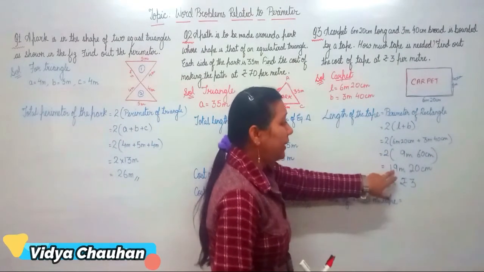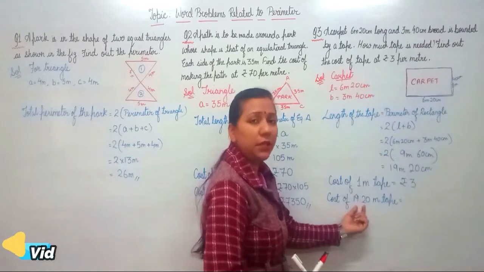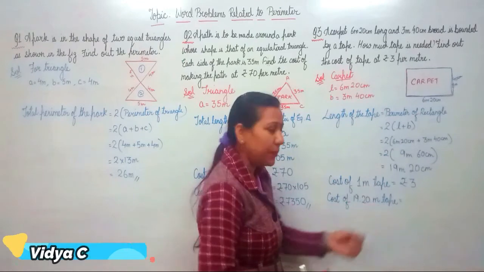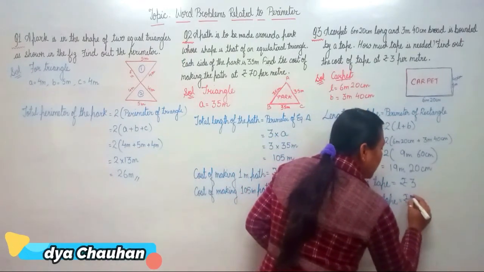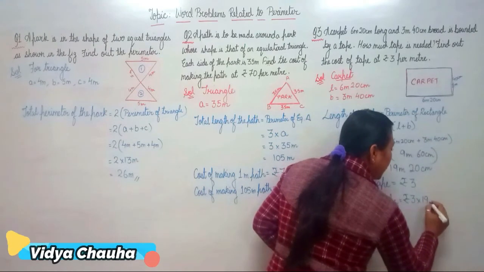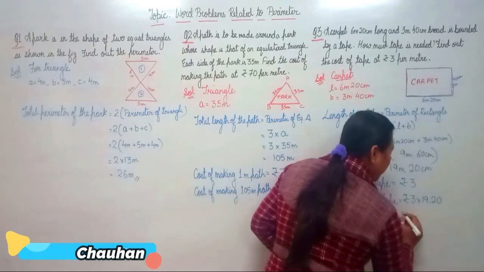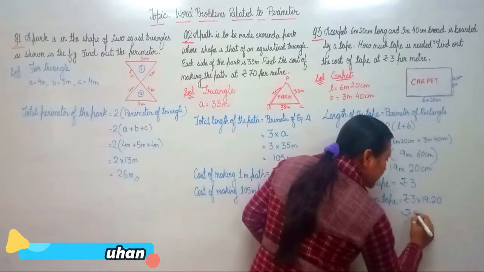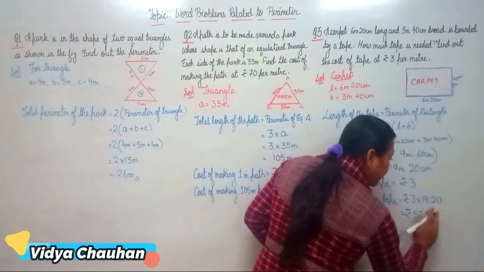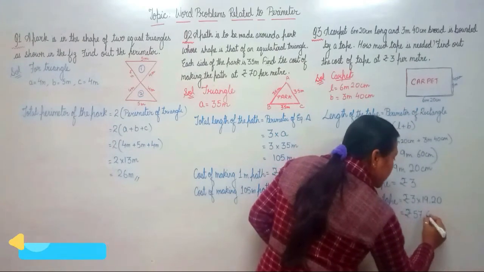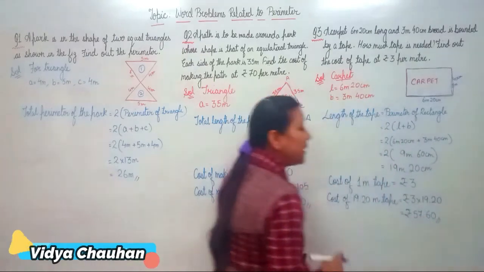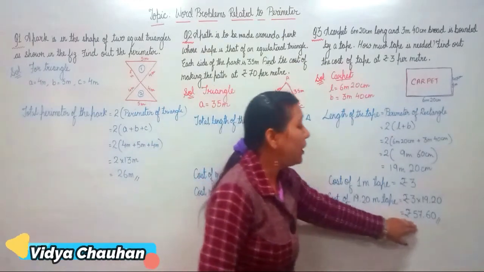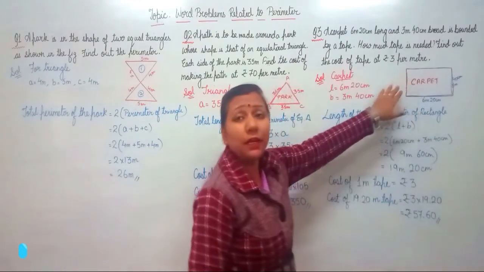I have converted 19 meter 20 centimeter into its decimal form, 19.20 meter. The cost will be rupees 3 multiplied by 19.20. When you multiply 19.20 with 3, you get 57.60. That is the total cost of the tape required for bounding the rectangular carpet all around.